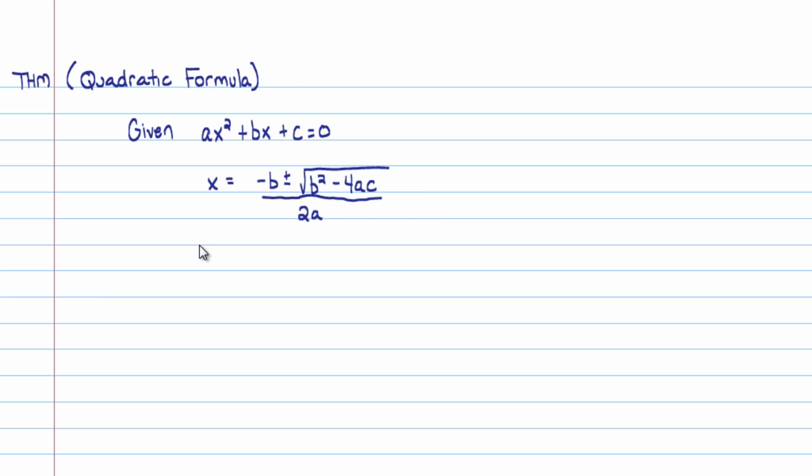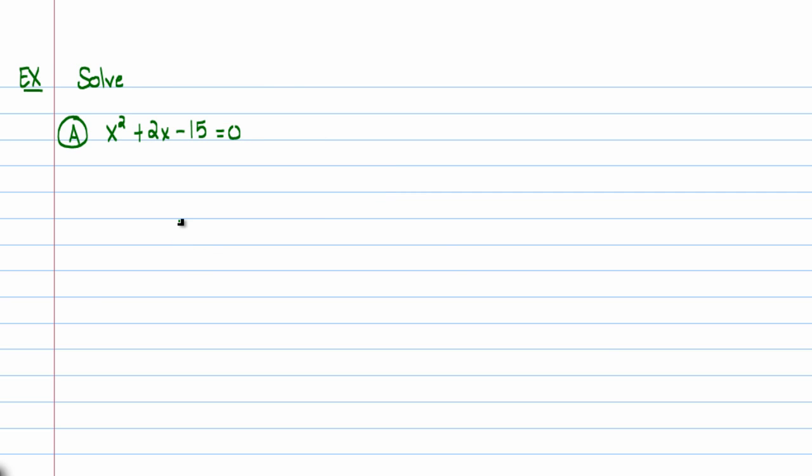We'll use this in a few equations here just to test the waters, if you will. At first we're just being asked to solve x squared plus 2x minus 15 is equal to 0. Whenever I'm asked to solve a quadratic equation, I first ask myself how many versions of x do I have?